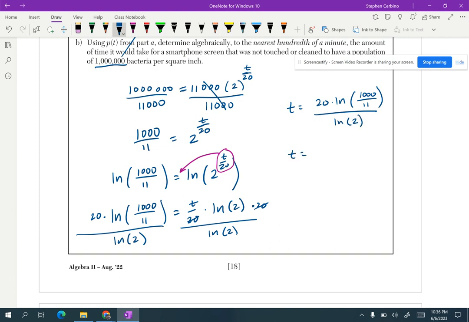And then it just becomes a calculator problem. So you can take out your Desmos and type that in exactly how you see it with your fraction, and you're going to get 130.13 minutes. Not too bad.